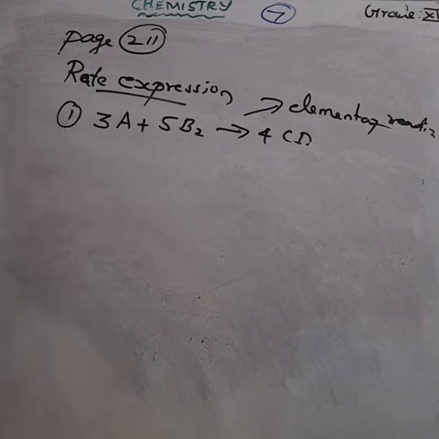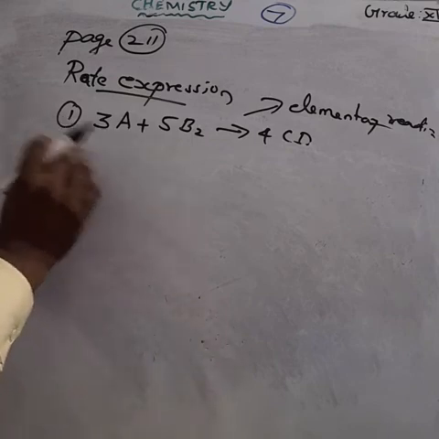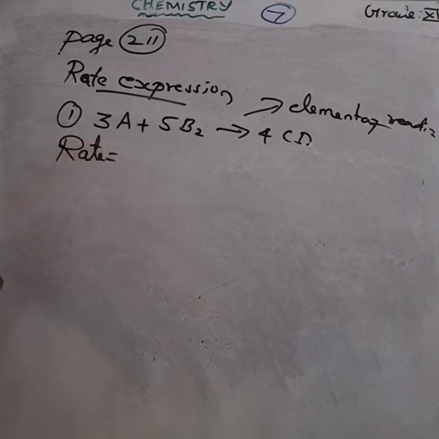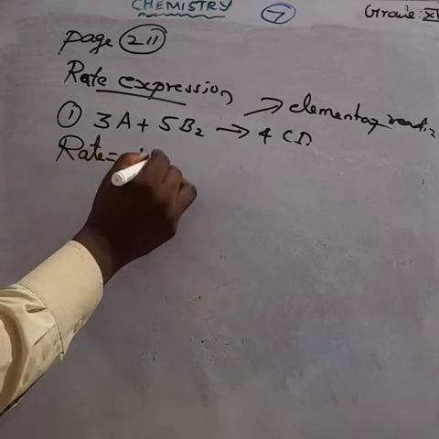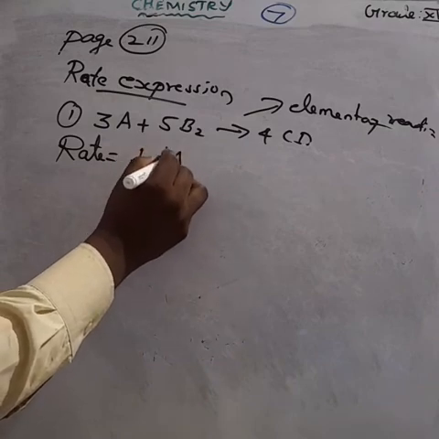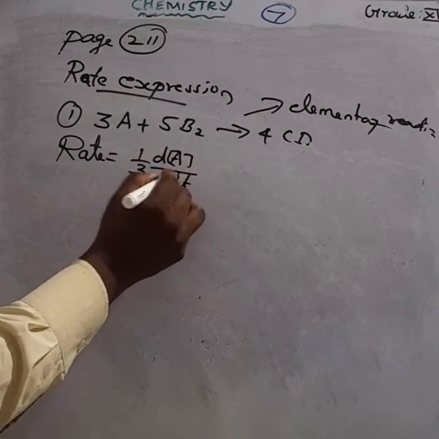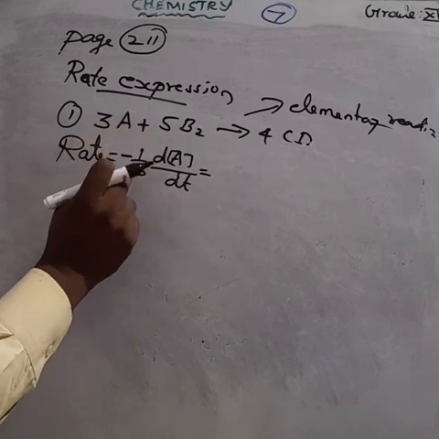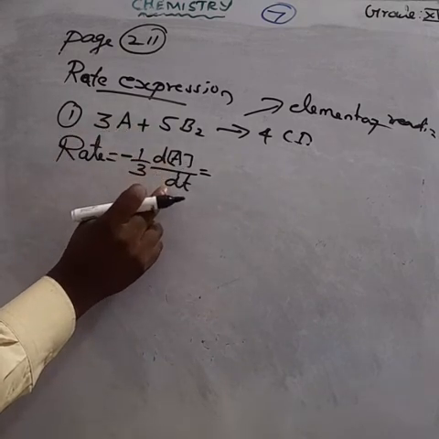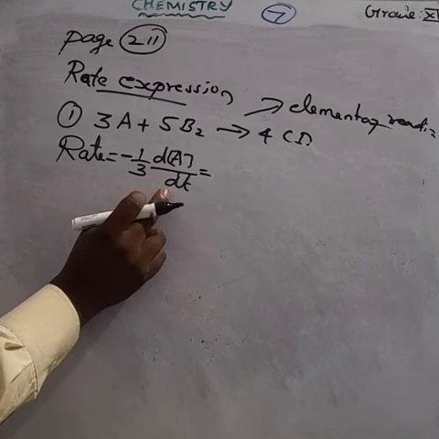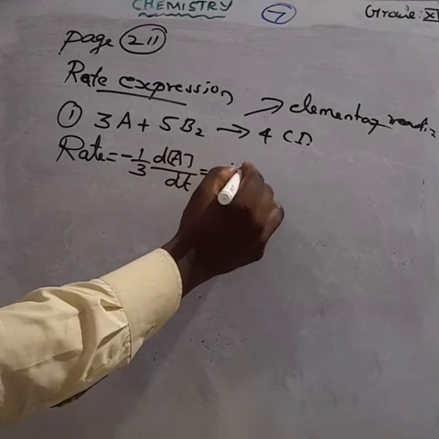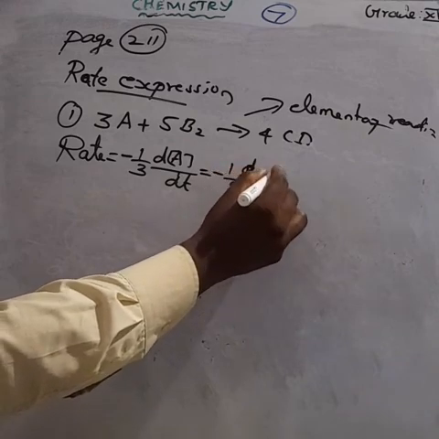How can you write the rate? Rate is equal to minus of 1 by 3 d[A]/dt, the concentration of A, that is equal to minus of 1 by 5 d[B2]/dt, the concentration of B2 divided by dt.